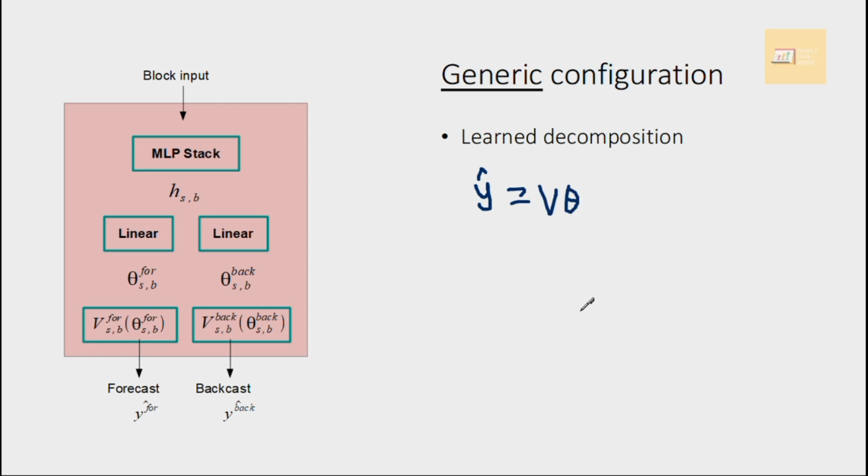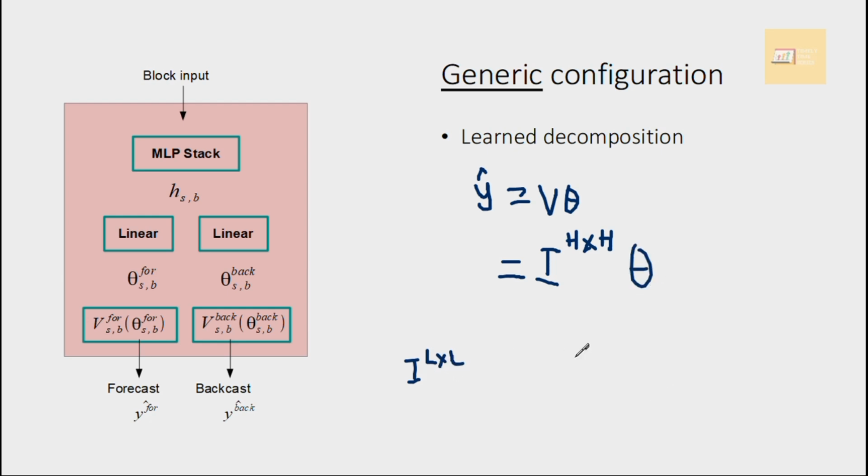And if we use the generic configuration, the matrix V can be renamed to an identity matrix, an identity matrix with h rows and h columns. Again, we're talking about forecast. If we're talking about the backcast, then we will use the identity matrix with L columns and L rows, times the theta.